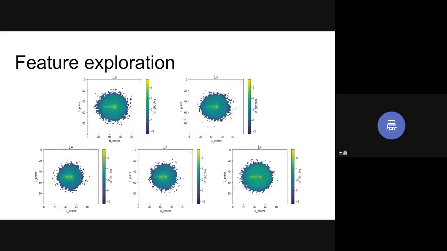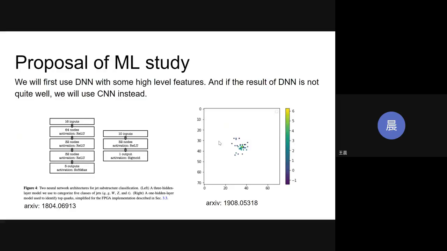We also plotted the total figure for each labeled jet. This is the gluon jet, this is the quark jet, and the W/Z boson jet, and what we want to find is the top jet. From this paper, we will first decide on a DNN model with this structure to train.